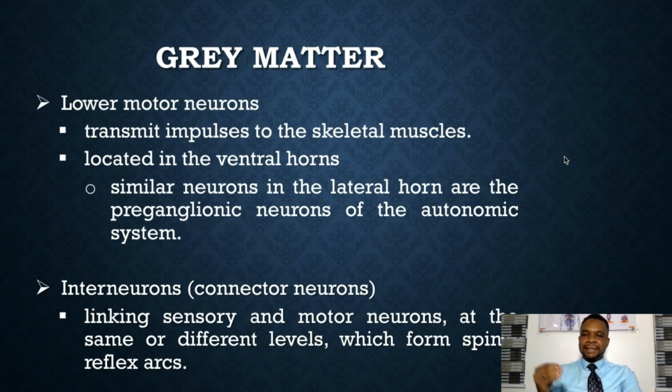Then we have the interneurons. This is the linkage. It links the sensory and the motor neurons together at the same or different levels and forms what we call the spinal reflex arc within the system.